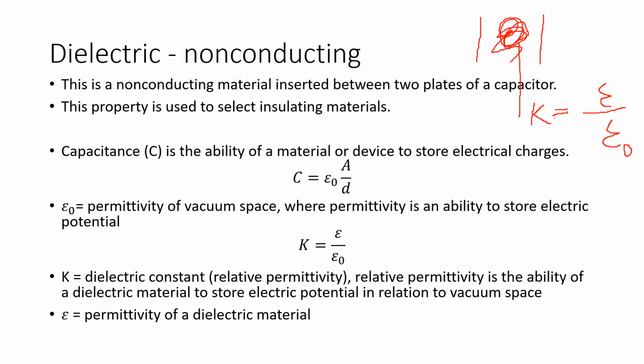So relative permittivity is the ability of a dielectric material to store the electric potential in relation to vacuum space. So this little epsilon is a permittivity, which is this guy right there, of the dielectric material. I'm going to erase this so it's easier to print if you want to print.